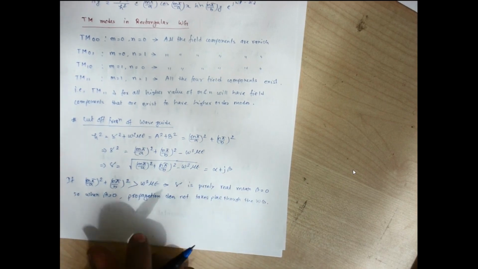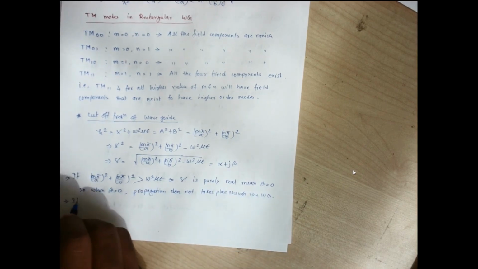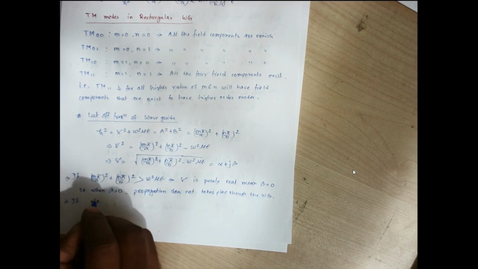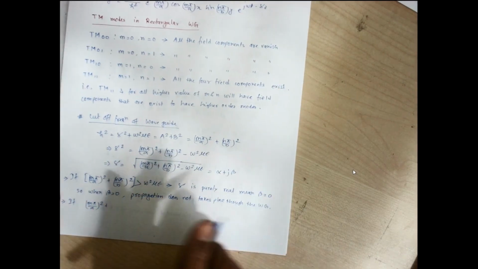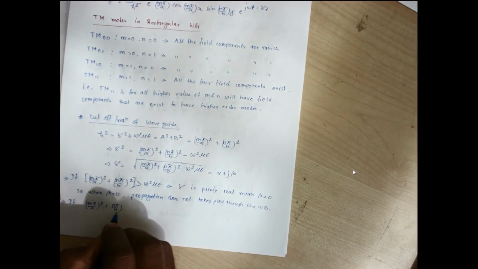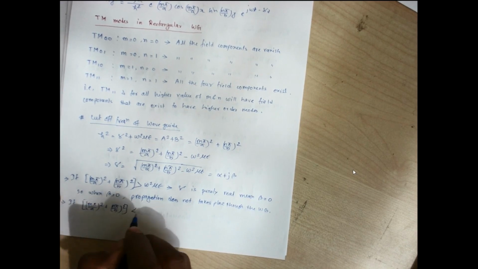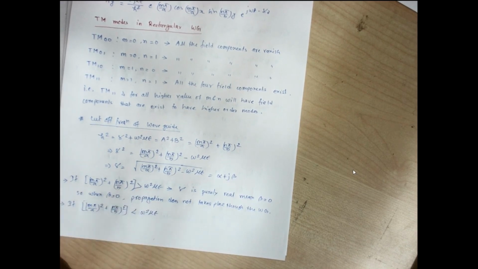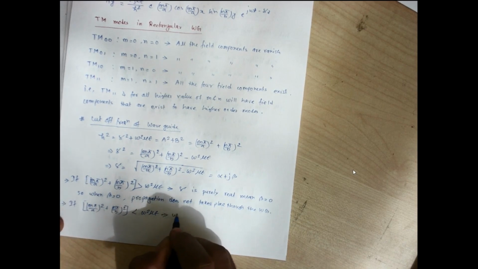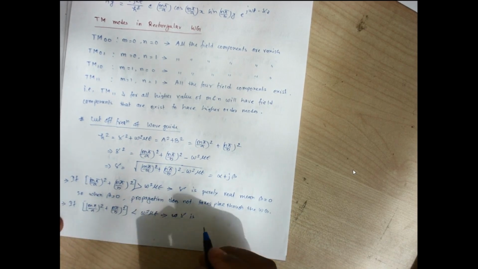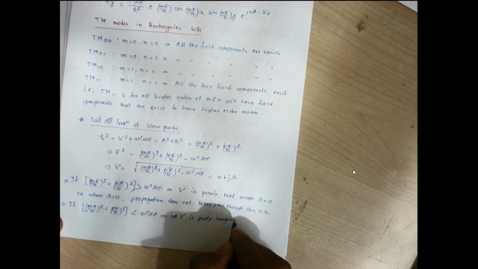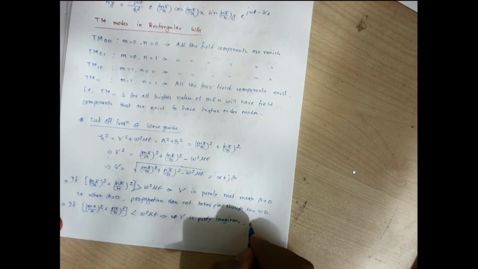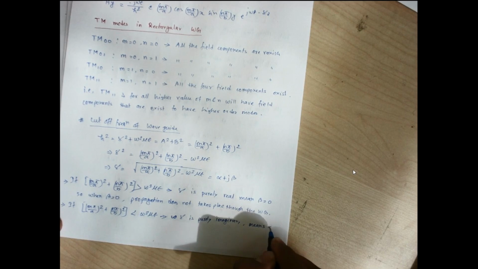Now, second case: if m pi by a whole square plus n pi by b whole square is less than omega square mu epsilon, then obviously gamma is purely imaginary, which means alpha is equal to 0.